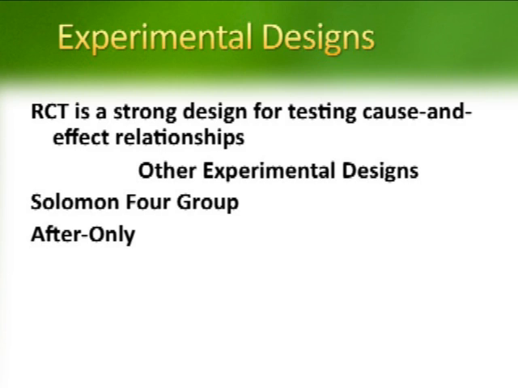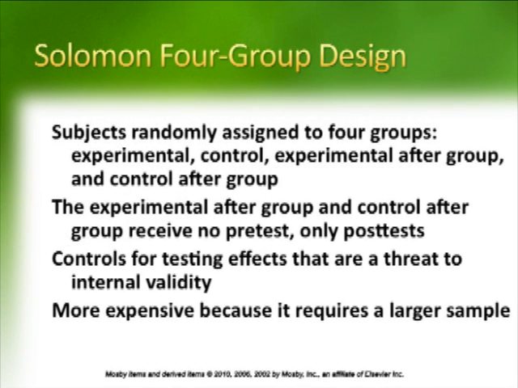However, there are a couple of others that we're going to look at. There's the Solomon 4 group and the after-only design. The Solomon 4 group design randomly assigns your subjects to 4 groups.